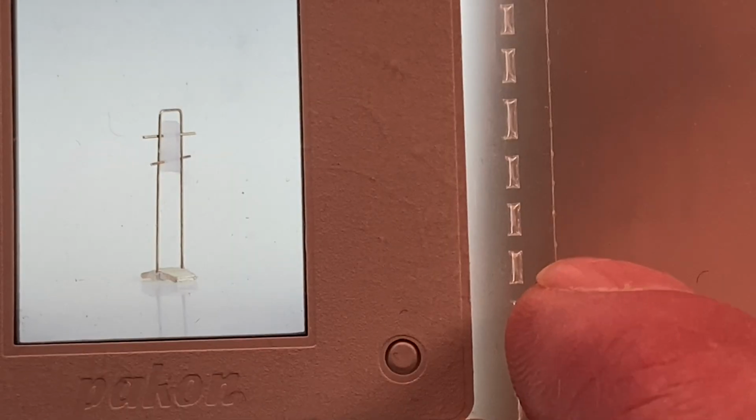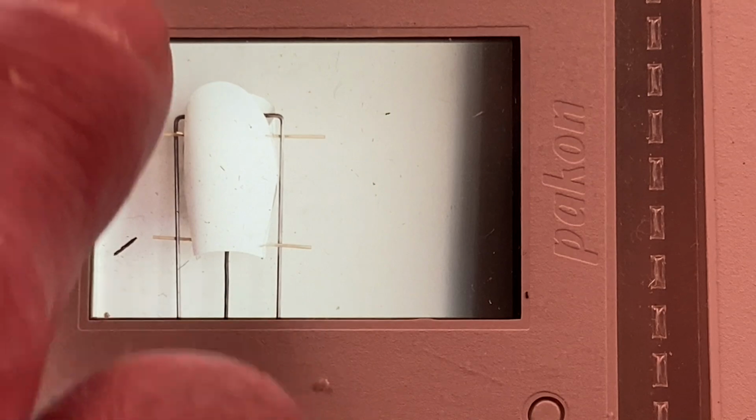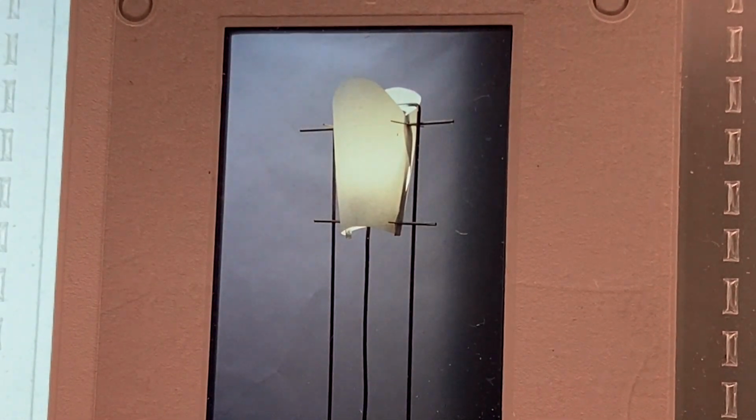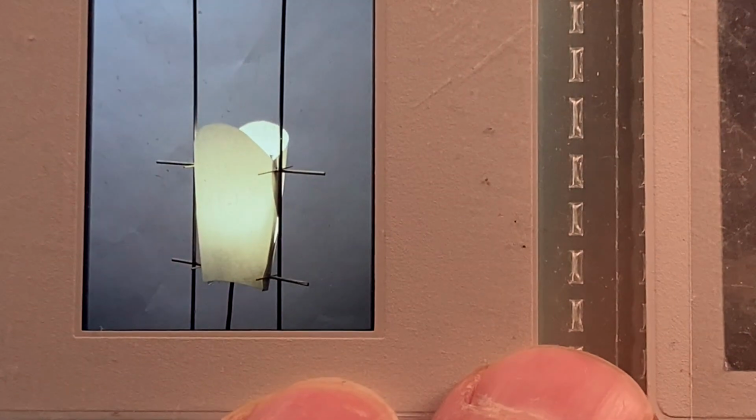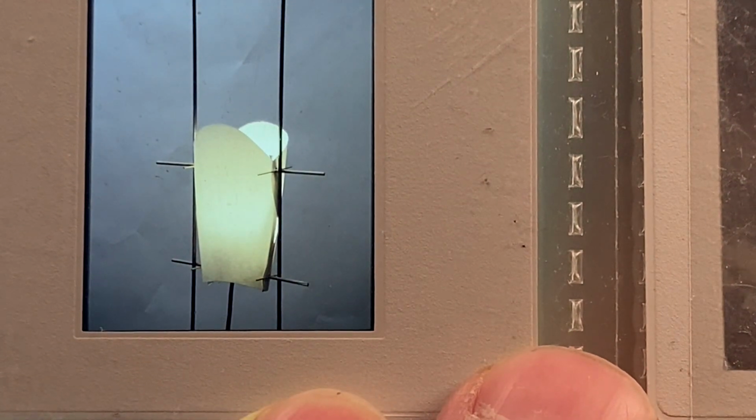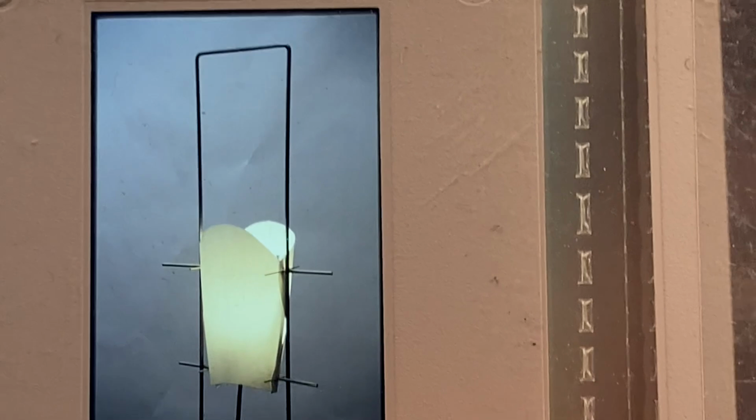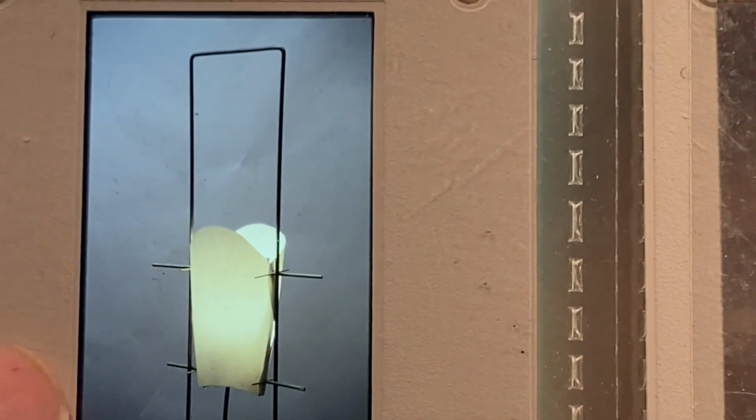So that led to a variety of different explorations into different lens shapes, and you can see I'm using paper here because the original plastic I was using was styrene, and styrene is opaque and doesn't allow light to diffuse through it. So I started working with paper.